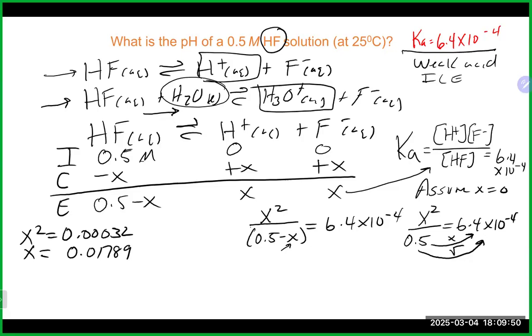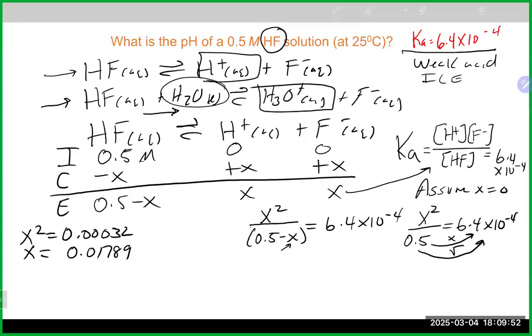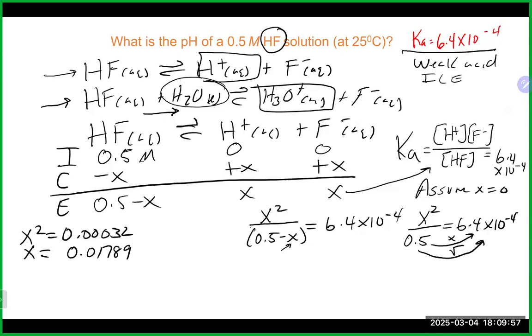Now, whenever I do the assumption, I also need to make sure that I check it to make sure it is okay to use. Remember, we are following the 5% rule. Once again, to check your assumption, you are going to take your x value, so I'll do it right here, 0.01789.